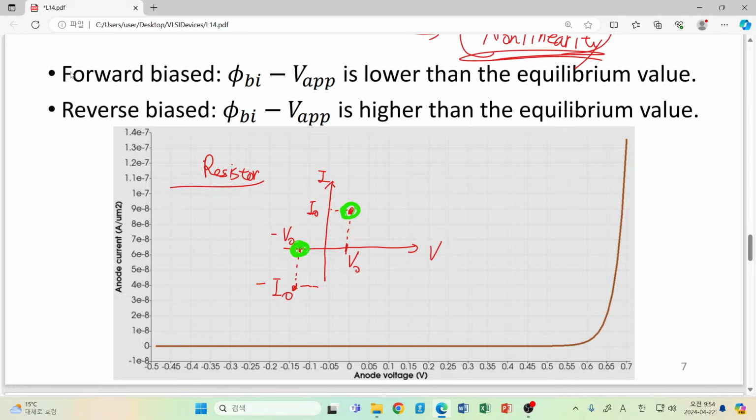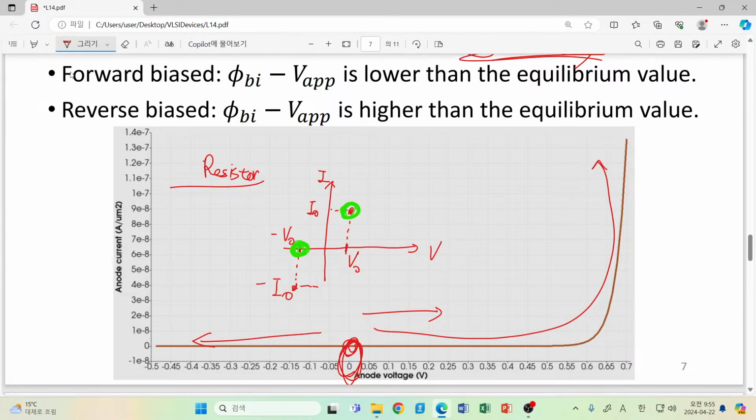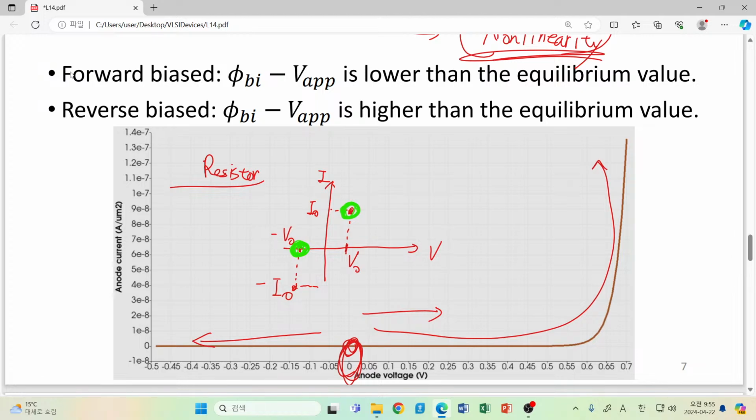So everybody now understands this is 0 volt, and for forward bias we have a sharp increase of current, and if we go to negative bias, reverse bias, we have almost no current conduction.